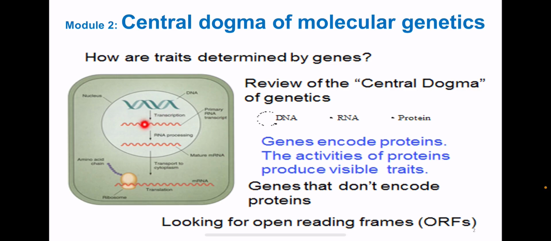The template strand is used to transcribe an mRNA, and the mRNA is transported out of the nucleus into the cytoplasm where translation occurs. You see some structures here that help us synthesize our polypeptide, and we're going to look at all of this. There are also some terms, like open reading frames, that you should know.